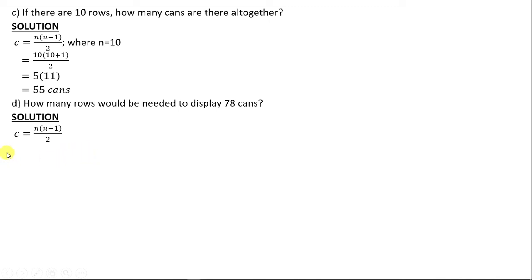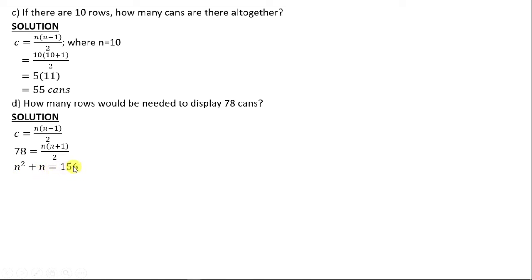Where there's C, we are going to substitute 78. So from here, what are we going to do? We'll cross multiply. So if you multiply 2 times 78, you get a 156. Expand. If you multiply n times n, you get n squared. Multiply n times 1, you get n.